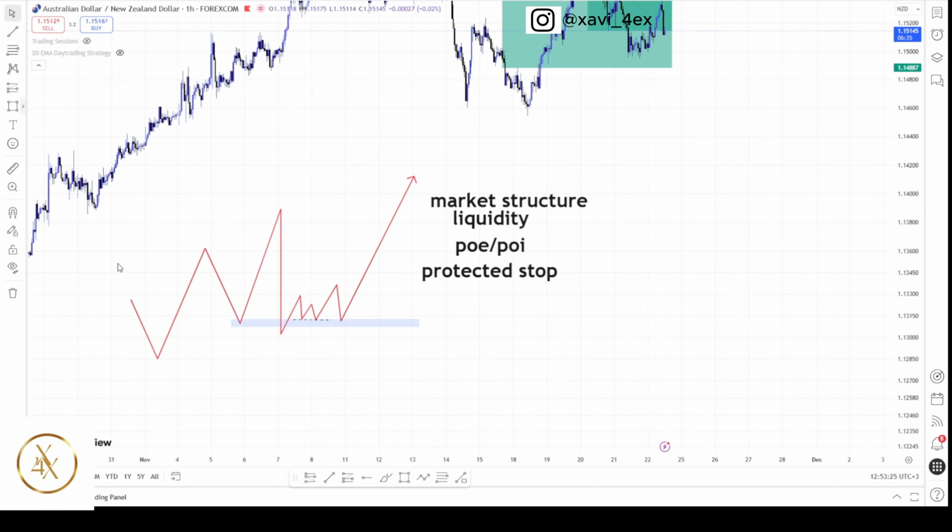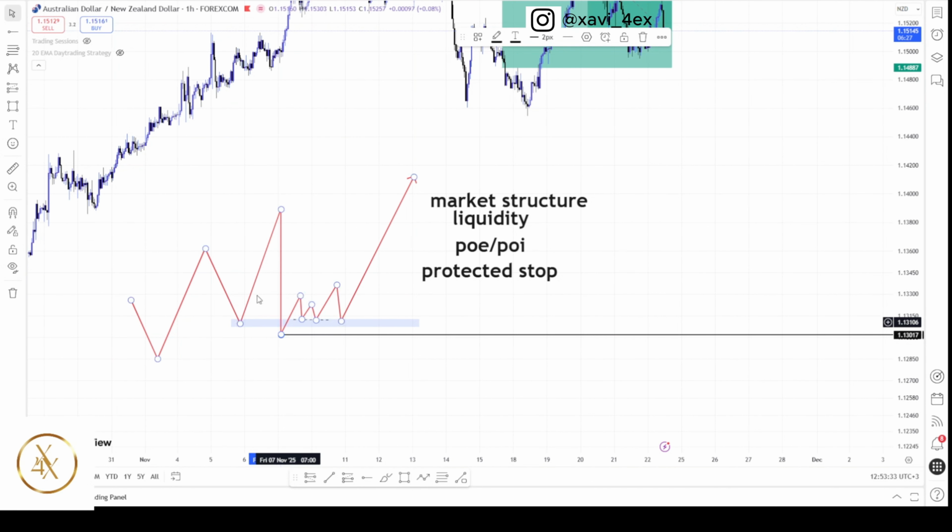Then I'll have my protected lows just down here. And I have a protected low right there. And once I have all these in check, I have a break of structure, of course, somewhere here.